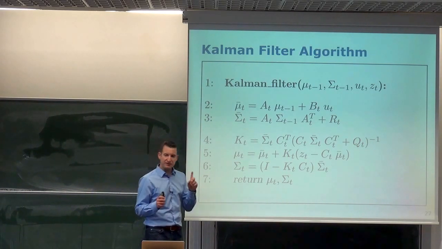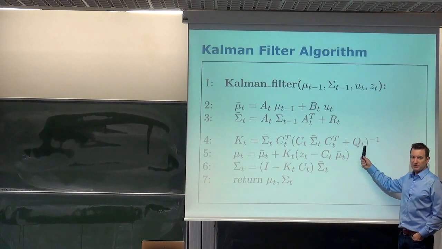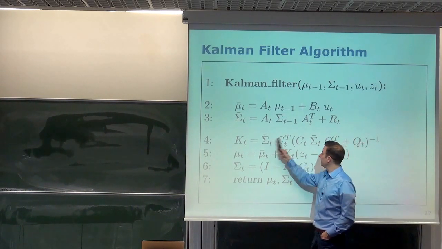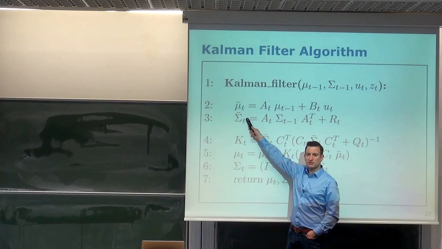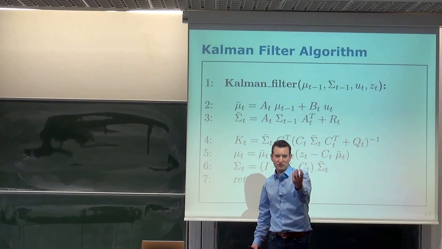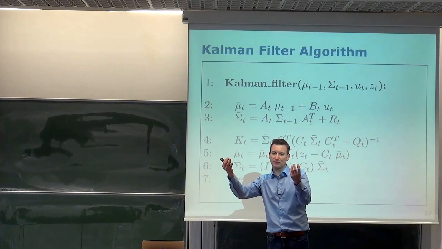And it depends on the uncertainty of my observation. So this is a key element in here. And it also depends on the uncertainty from the prediction. So I'm basically weighing the uncertainty of my prediction with the uncertainty of my sensor observation.